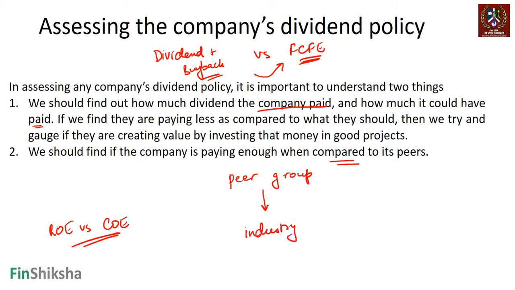So in the absence of anything, the best place is to be at a dividend number which is close to what your closest competition is paying, because that would have done in a sense what kind of risk analysis is needed. This, remember, is not the ideal scenario. It's only in the absence of anything else that you say, okay, I'll look at the competition and see what they are doing and then try and gauge whether my firm is doing something similar or not, right?